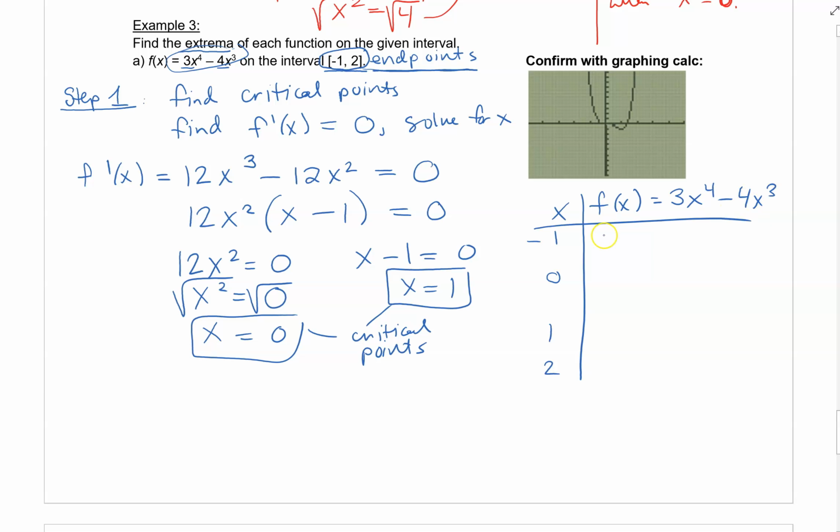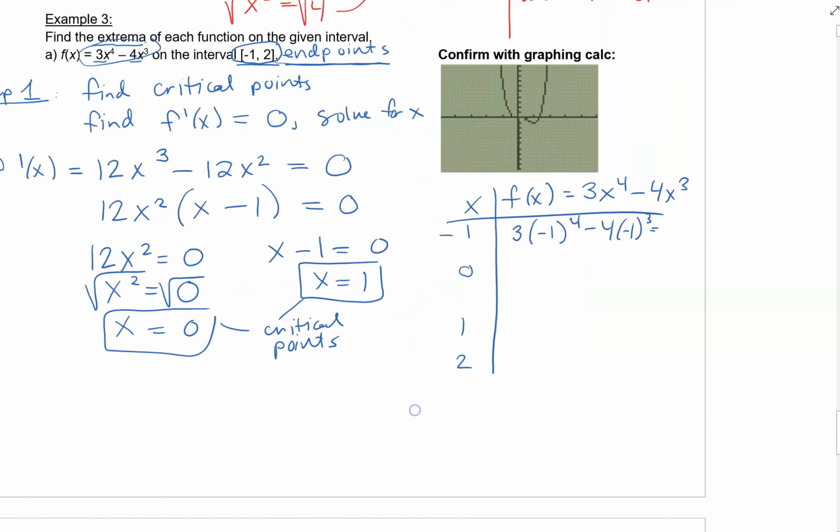So when I plug in -1, I get positive 3 plus 4, because this -1 cubed would still be negative. I get 7. When I plug in 0, I get 0. When I plug in 1, I get 3 minus 4, which is -1.